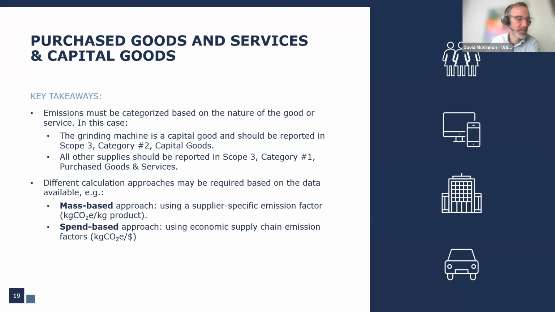Realistically, mass-based is best, but you may also find specific, for example, for the grinding machine, you may be able to get an EPD or other similar product environmental footprint documentation from the manufacturer that gives you an actual figure for the emissions for that machine, rather than trying to calculate it through a proxy like a spend-based emissions factor.